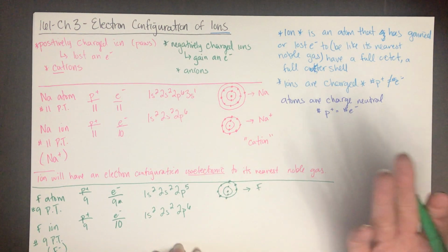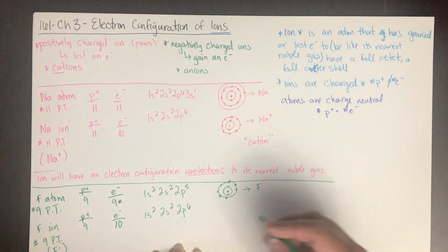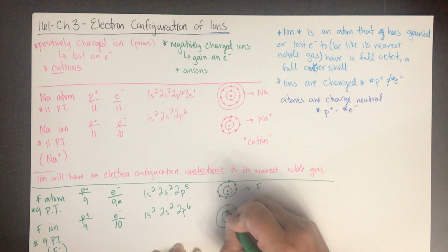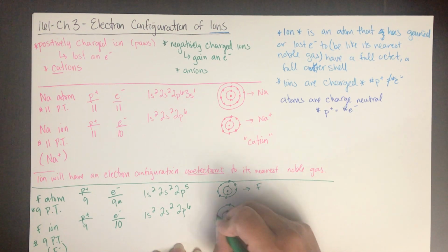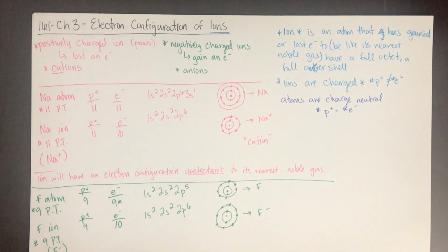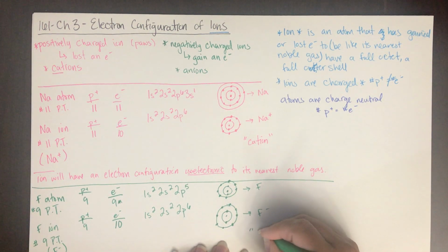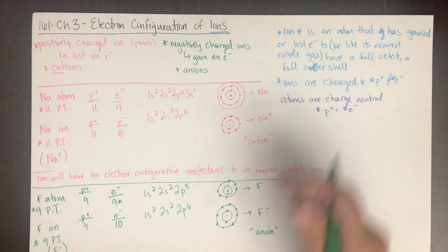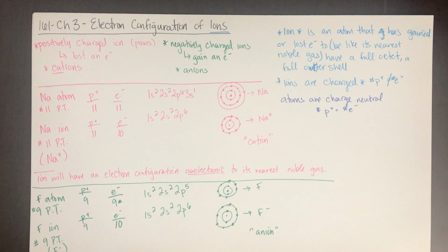So it wants to gain that 1 electron to have a full octet. 1, 2, 3, 4, 5, 6, 7, 8, 9, 10. So that makes this F minus. This is an anion because it's negatively charged. The sodium ion is a cation because it's positively charged.